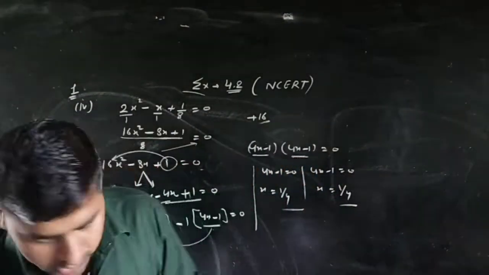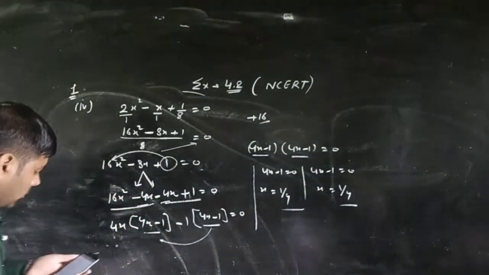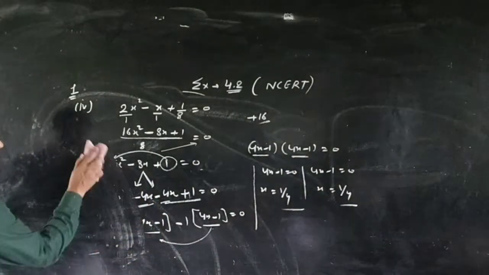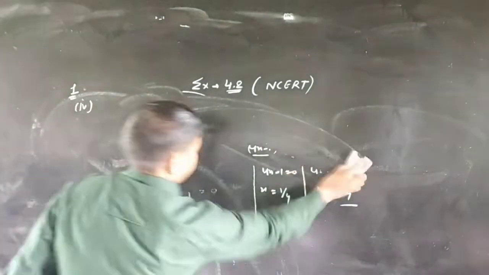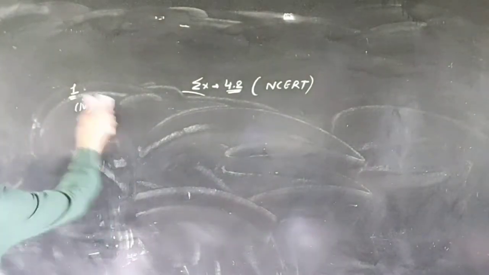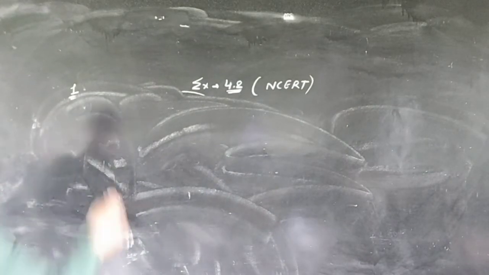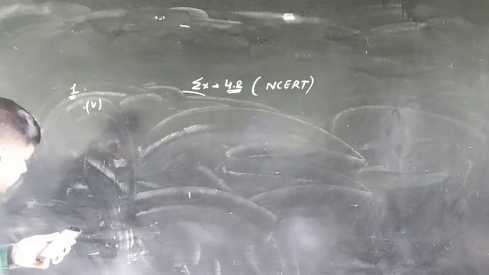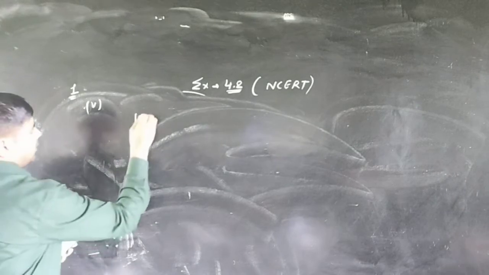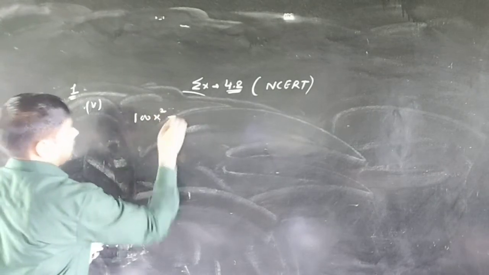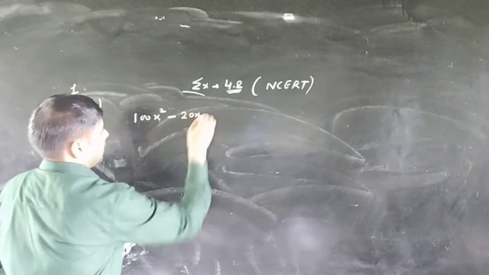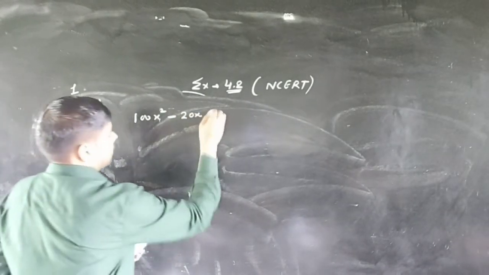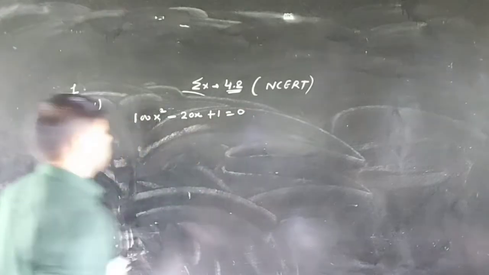Let's see one more example. This is the fifth part from question number 1, exercise 4.2. This is 100x square minus 20x plus 1 is equal to 0.